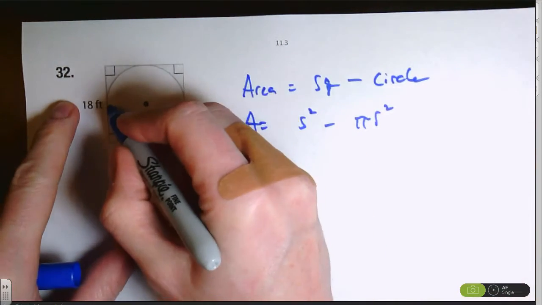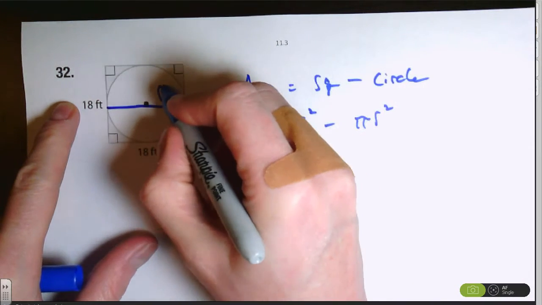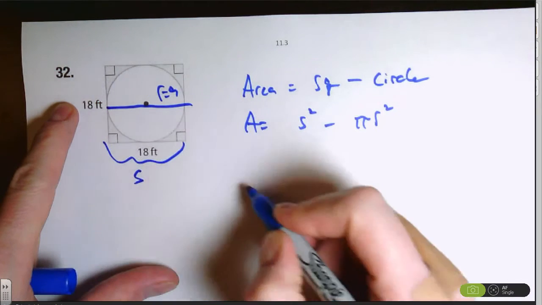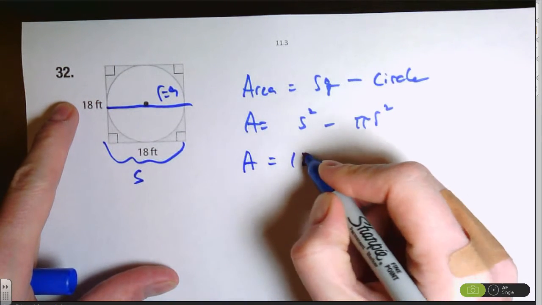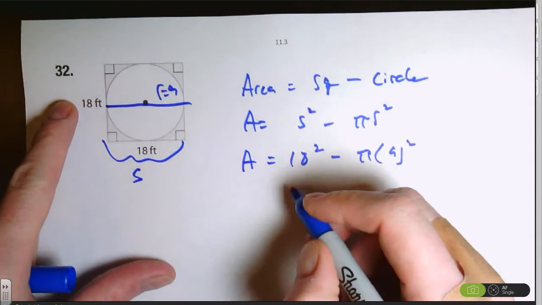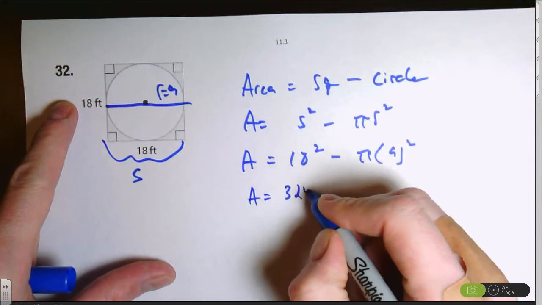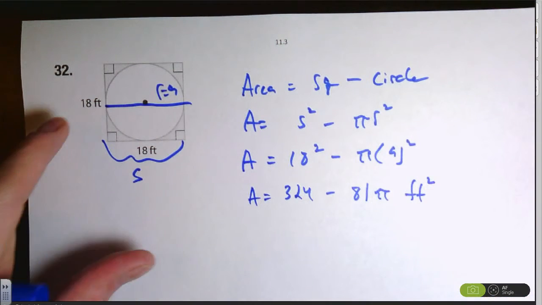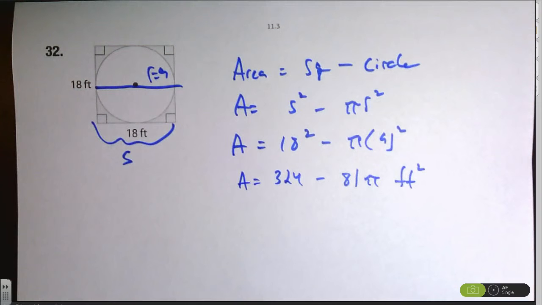Well, this is the diameter, this 18, so the radius is actually just 9. The side is 18. So area equals 18 squared minus pi times 9 squared, which the exact answer is 324 minus 81 pi square feet. That's the exact answer, because 18 squared is 324, 9 squared is 81.